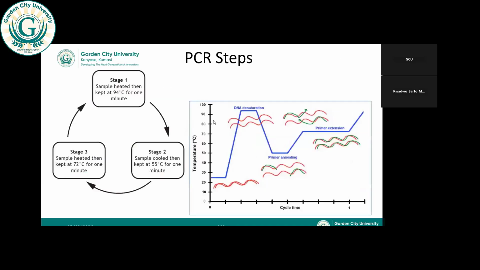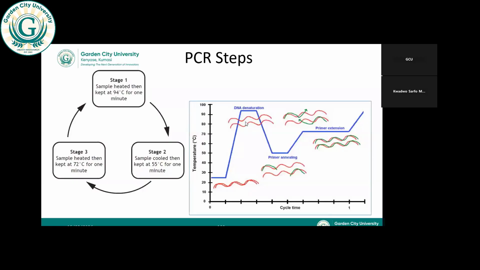So if I should use this to explain, you have your virus. Your virus is the DNA virus, double-stranded DNA. So once you heat the sample to about 94 degrees Celsius, this double-stranded DNA will separate.